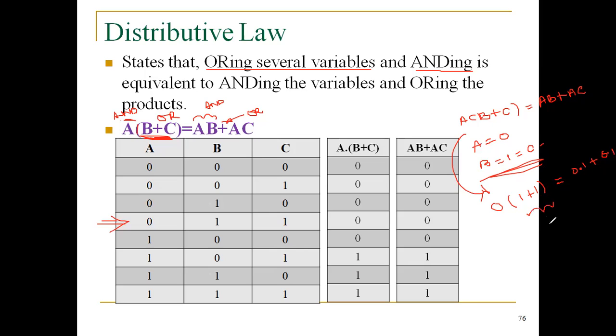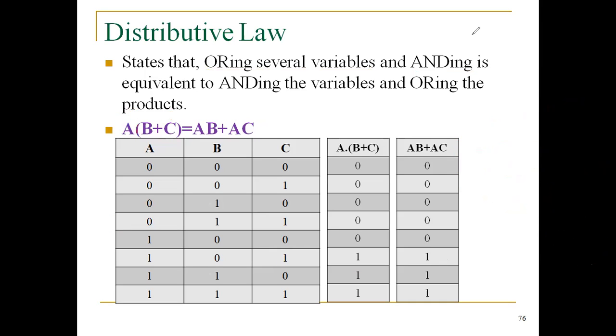So 1 plus 1 results in 1, which is again multiplied with 0. So 1 dot 0 equals 0 plus 0, and 0 plus 0 equals 0. Hence this distributive law is justified.